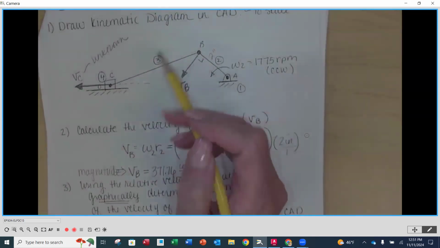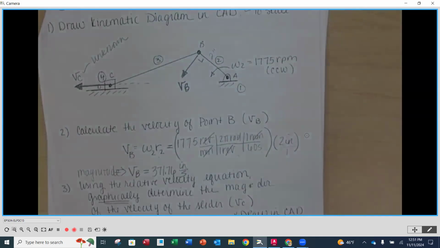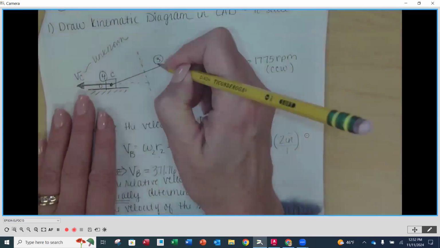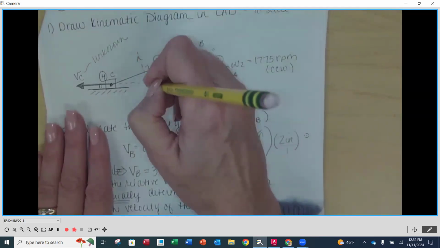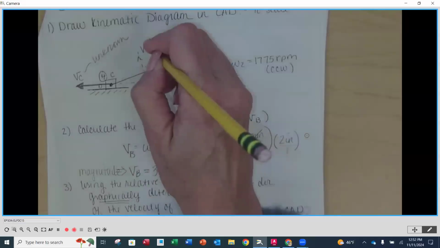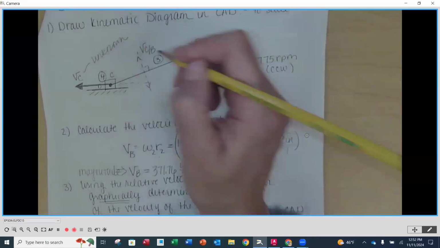So really anywhere along this link, it's almost kind of oblong-y, kind of moving along, okay? It's going to be one of those intermittents, but at this moment in time, the straight line velocity component is going to be perpendicular to that link, but we don't know if it's going up and to the left or down and to the right. And that's going to be our velocity of C relative to B.